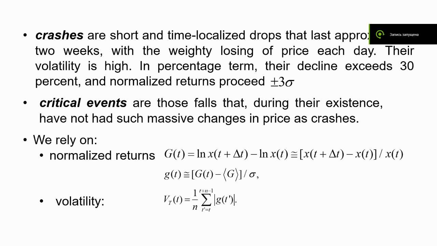So according to our study, we divided Bitcoin's crisis events into crashes and critical events. Crashes, according to our classification, are short and time-localized drops, those falls whose normalized returns exceed plus or minus 3 sigma.